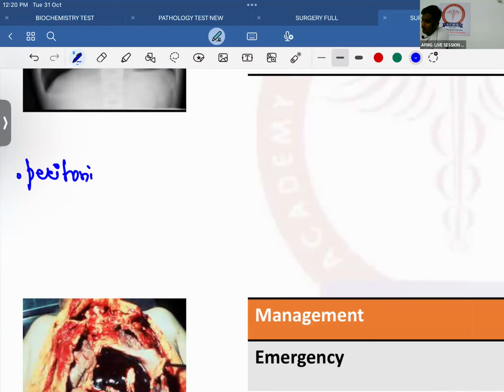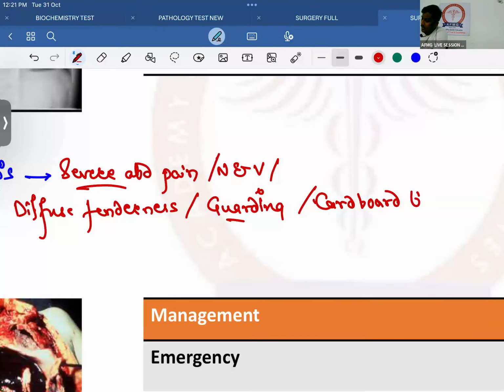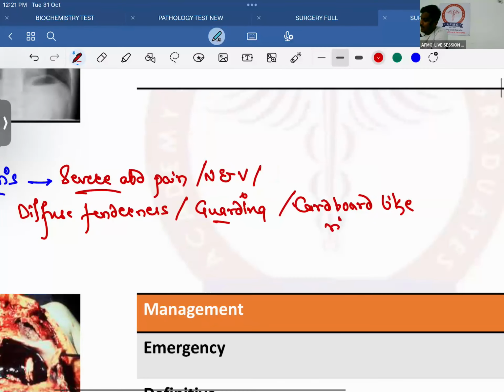Okay. Along with diffuse tenderness now, when you try to palpate the abdomen of the patient, the person is going to contract his abdominal muscle. तो तुम abdomen palpate कर पाओगे क्या ढंग से? नहीं. तो what is that called as? शाबाश, guarding. And when you will palpate the abdomen, कड़क लगेगा. That is which rigidity बेटा? Cardboard like rigidity will be there बेटा. ठीक है? There will be a cardboard like rigidity.